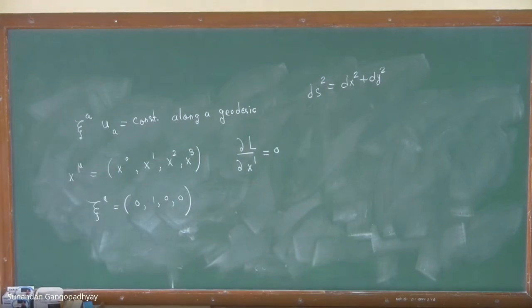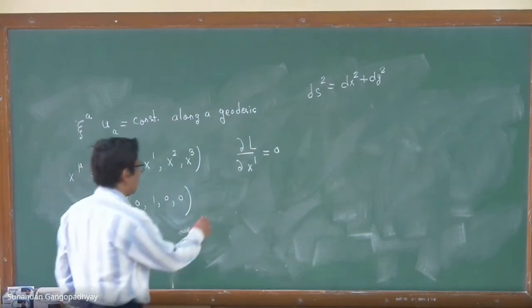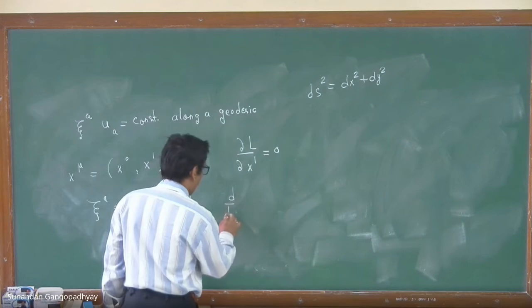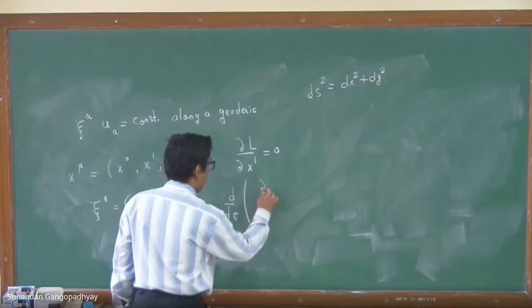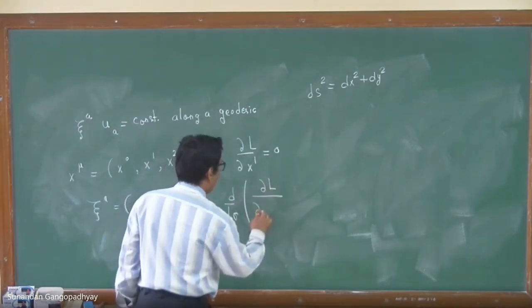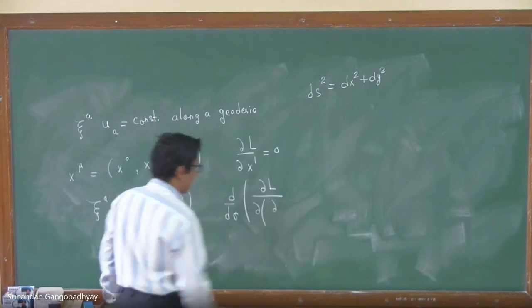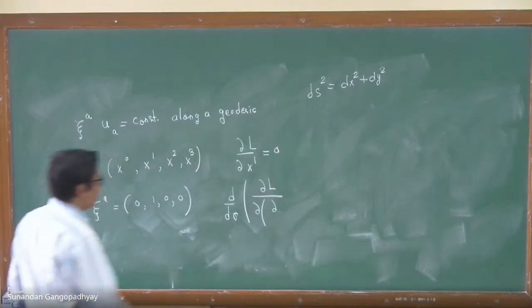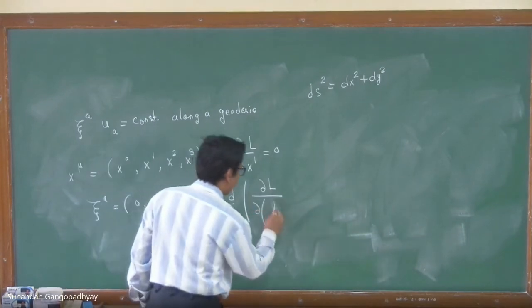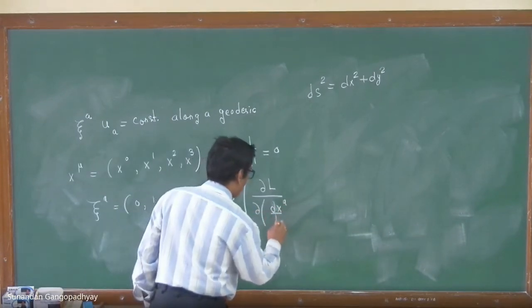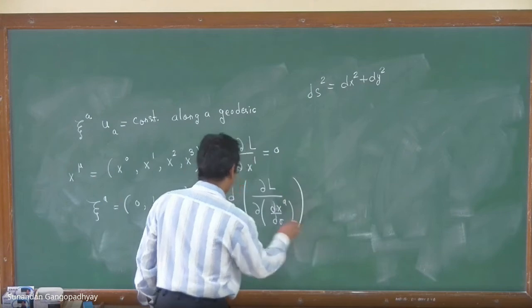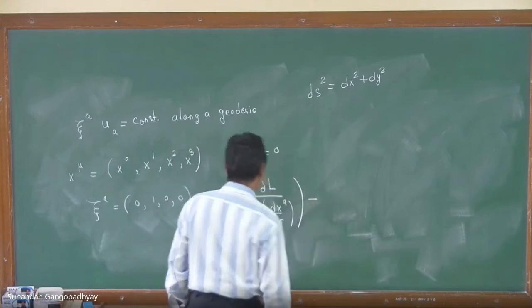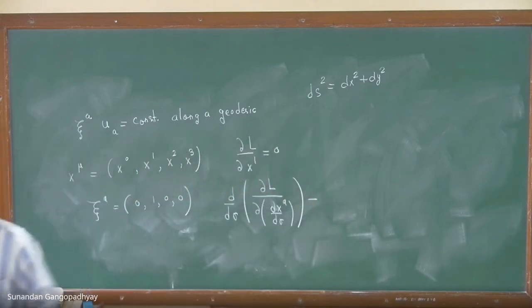And now let us write down the Euler-Lagrange equation. The Euler-Lagrange equation is the same. General Theory of Relativity.